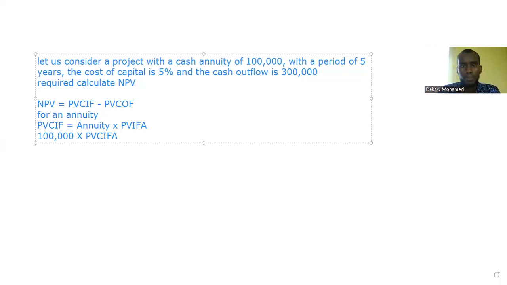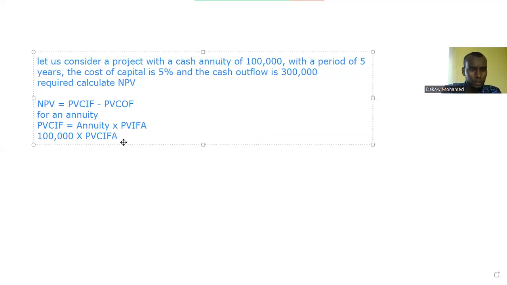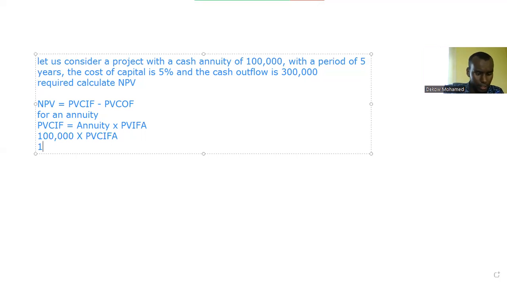There are two ways of getting the present value interest factor annuity. Let's consider the first approach. Now, the first approach is we take 1 minus, then open the bracket, take 1 plus R, then close the bracket.